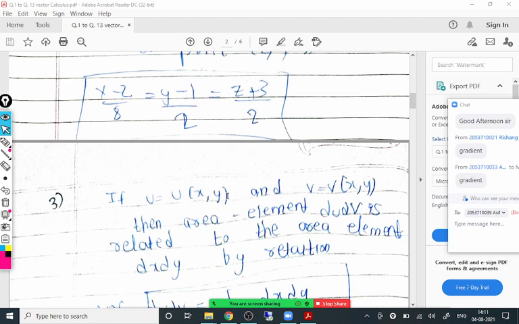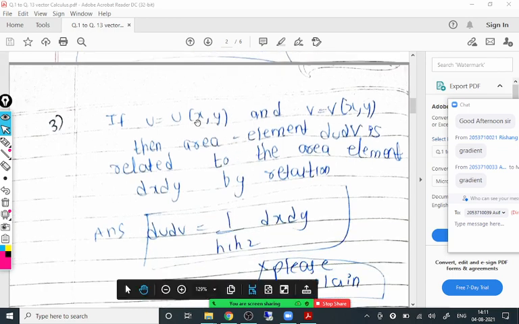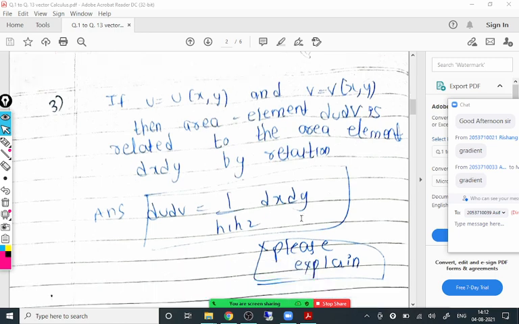If we want the small area du dv mapped to the small area dx dy, it is mapped with the Jacobian of the transformation. So du dv is the Jacobian of u, v with respect to x, y, times dx dy.